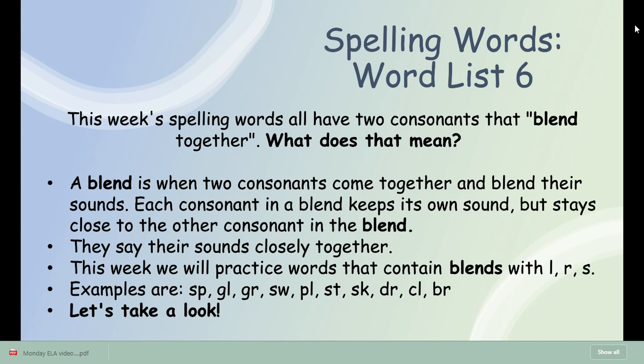Some of them have a G and an L standing close to one another, creating a blend. Others have GR, SW, PL, ST, SK, DR, CL, and BR.